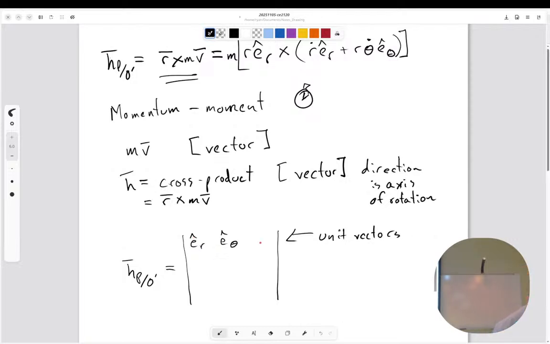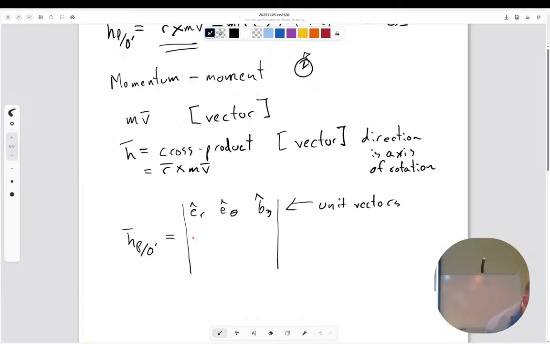I'm going to write B3, not to say that's better than K, just because we have a B1 and a B2, and we've been talking about the B's, the cylindrical coordinates.